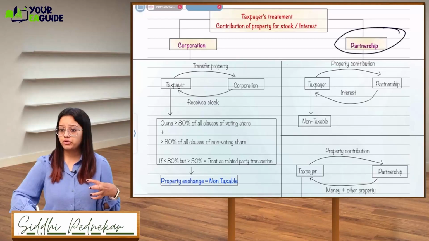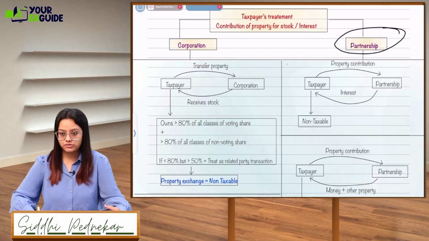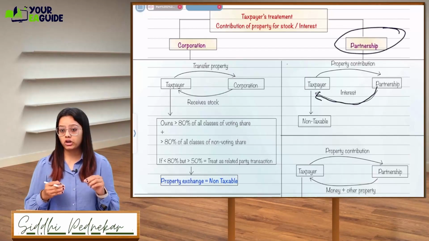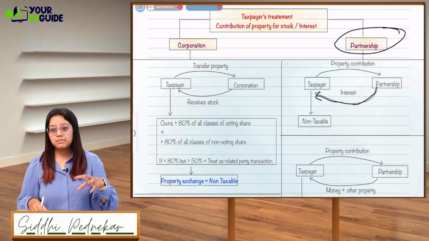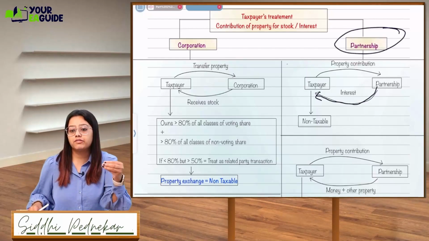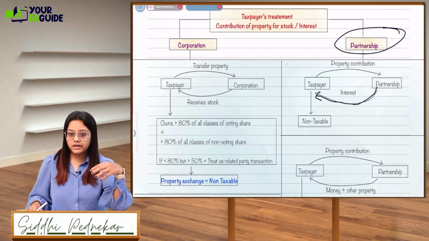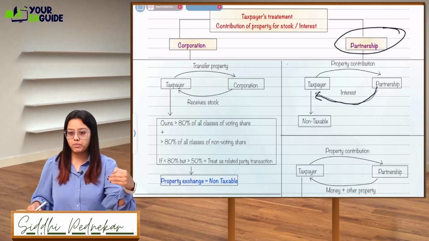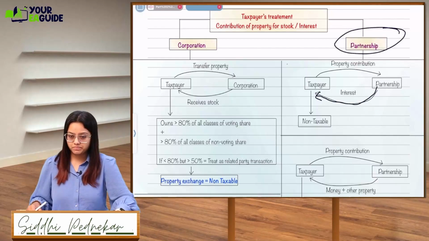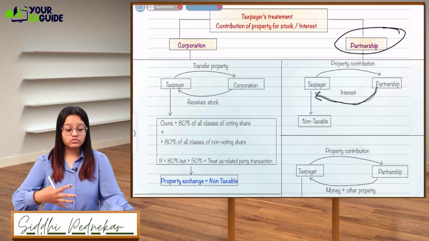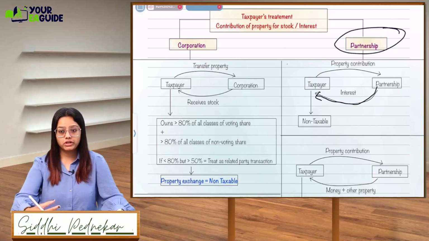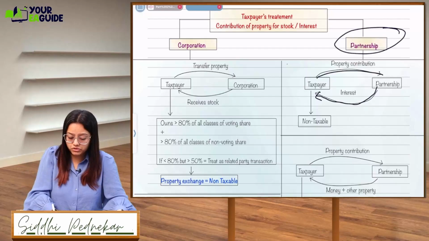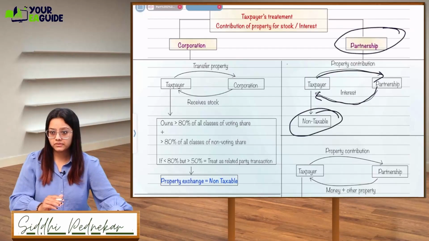If a taxpayer is contributing property to the partnership firm and receiving an interest in the partnership firm in return, I am talking about a partnership interest. But if I contribute the property and just receive rental income or some minimal amount, or the whole amount for selling the property to the partnership firm, that is not a partnership interest. But if I receive a share in the profit of the partnership firm against the property I have contributed, then this contribution will be non-taxable. Got it, guys?